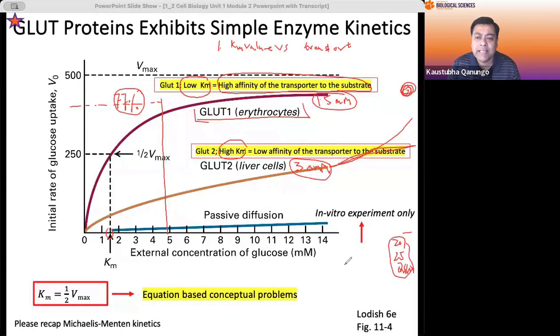So what does that mean? Just think about what happens after a meal. If you look at the glucose level, nothing to do with the carb, we are talking about the glucose level.